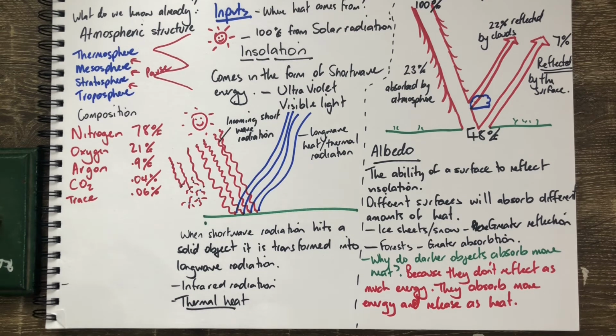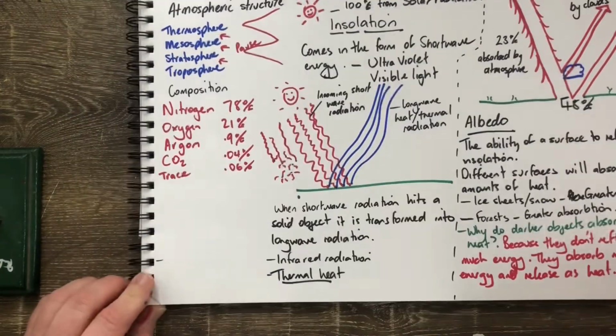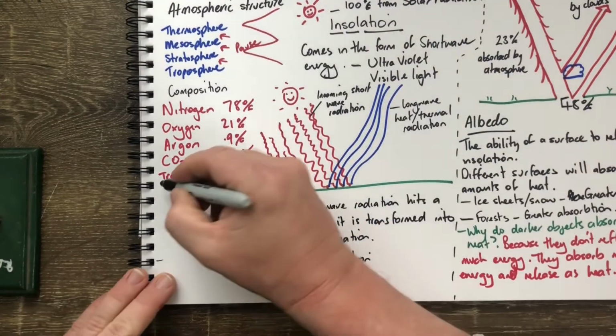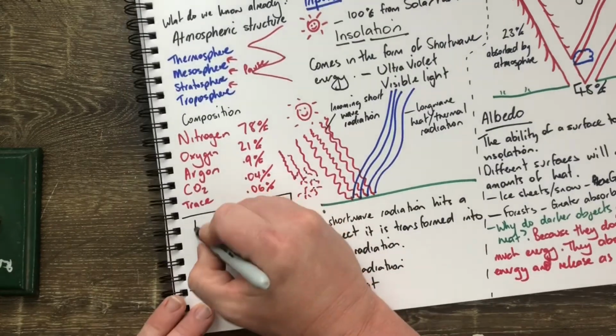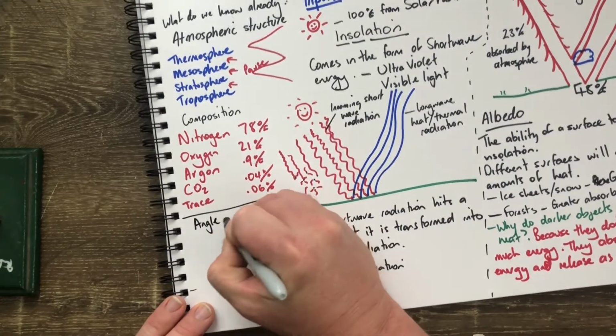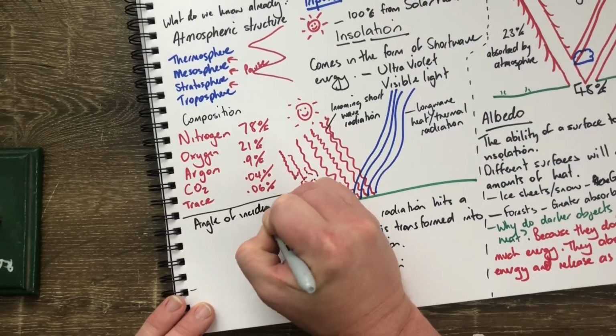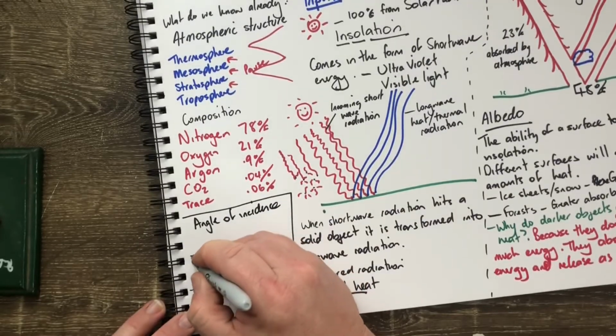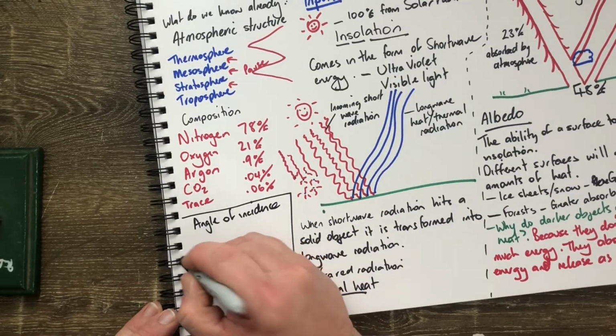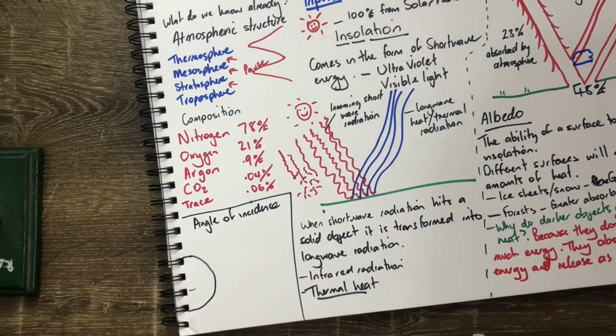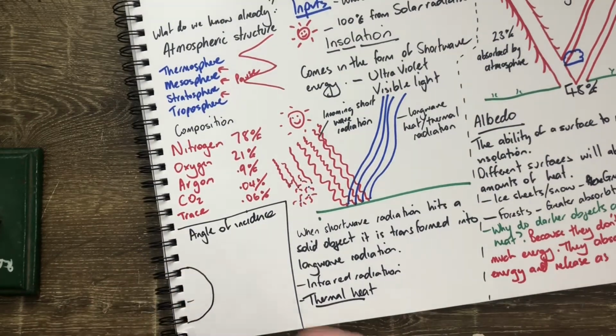Okay, so that's the atmospheric heat budget. What I suggest you also do, and I'll draw it in this corner here, is to talk about angle of incidence. Just understand that different surfaces of the Earth receive different amounts of incoming solar radiation.